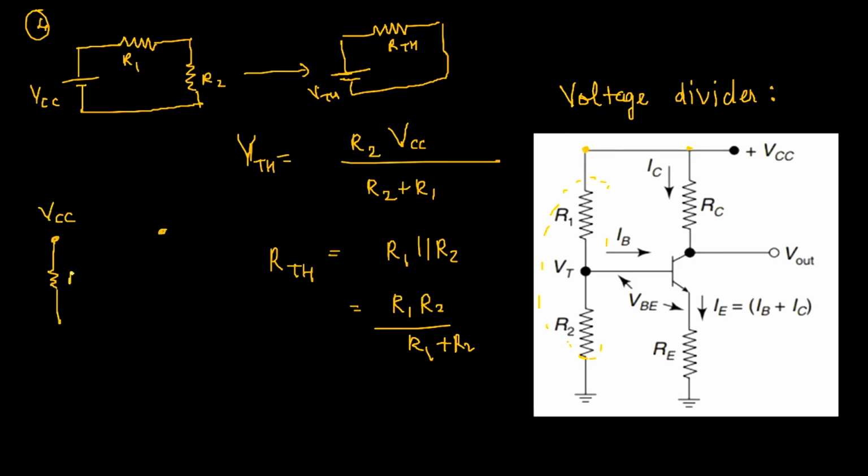This is my R1 and this is my R2, and this is my transistor. This is again my supply voltage VCC. This is my resistor, the collector resistor, and this is grounded and this is grounded.